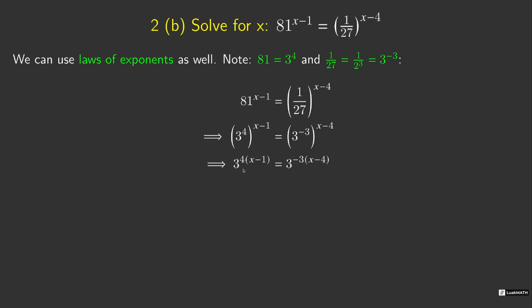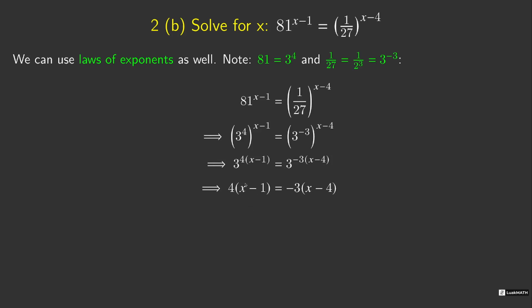And you can see now, because the bases are the same, 3 raised to something equals 3 raised to another thing. It means that that something must equal that other thing, because the bases are the same. So basically I can drop the bases and just compare the exponents.